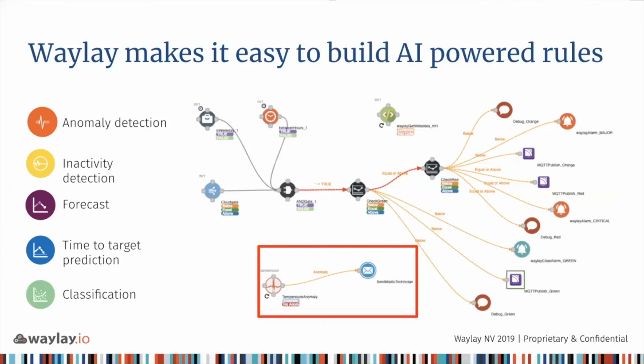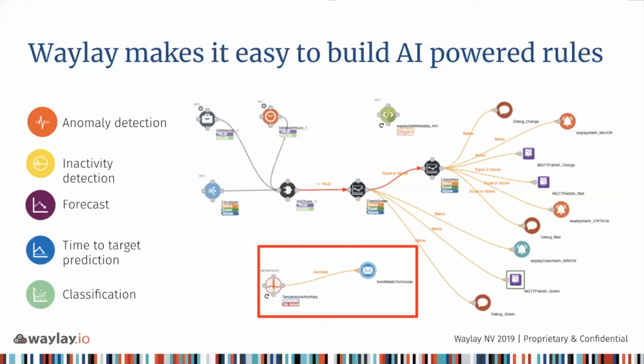And as you can see here, we have extended our library of software sensors and actuators with a number of analytics-powered nodes that the business analyst can easily drag into his rules and basically assign a certain action to it.